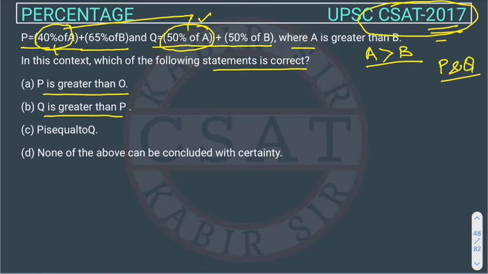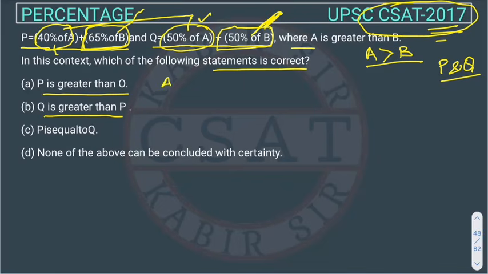But the second part is 65% of B in P and 50% of B in Q. If this had been greater than this, we could have concluded about Q, but now we can't conclude directly. So in these questions, we will consider values of A and B.